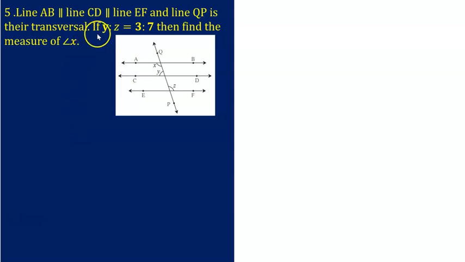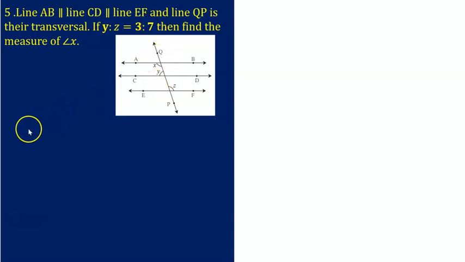Also, the ratio of y to z is 3 to 7. We will take the common multiple as m. That is, the measure of angle y is 3m and the measure of angle z is 7m. Now we will add these two angles and their total will be 180. That is, 3m plus 7m is equal to 180.